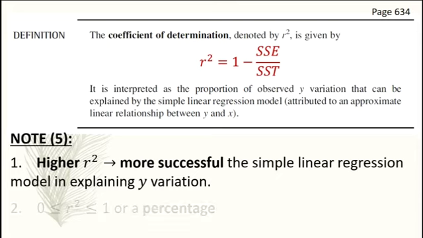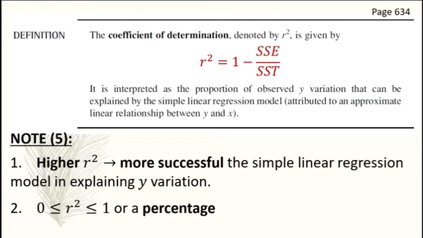The second point that you need to remember is that r squared is always a value between 0 and 1. And that makes sense. Remember, r squared is a proportion. It is sometimes given as a percentage, and that's also going to be between 0 and 100%.